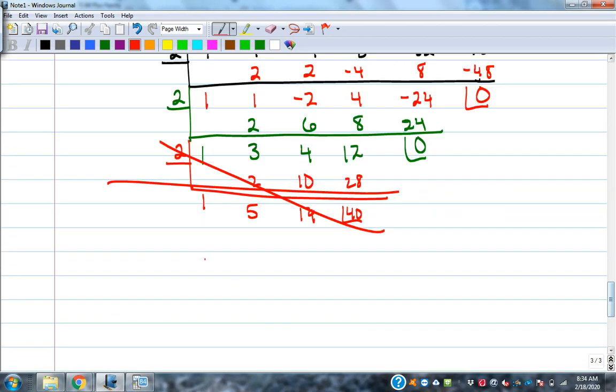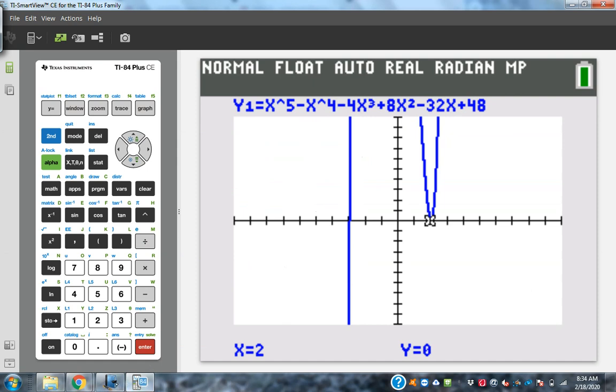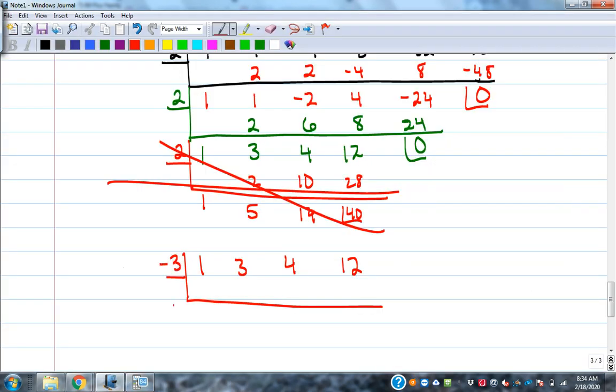So I'm going to go back to the 1, 3, 4, 12. And I'm going to do synthetic with what? Negative 3. Put that on the shelf. 1, 0.